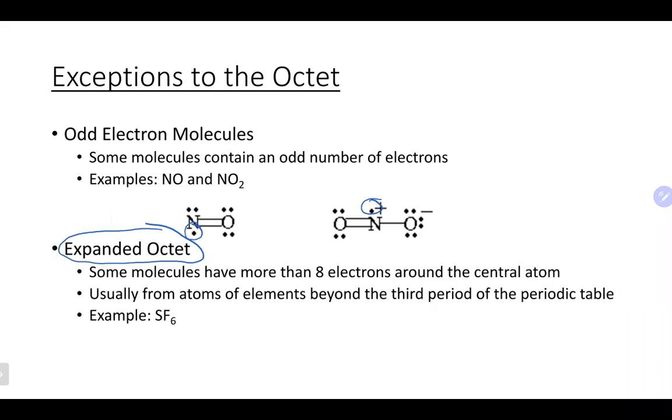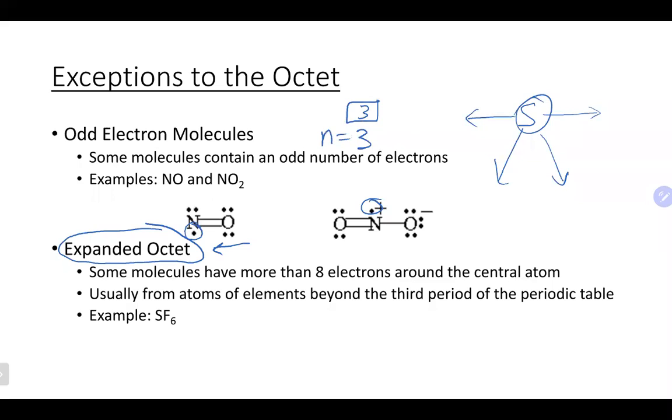So on the periodic table, where you see our good friend sulfur, if you go from sulfur to the right, to the left, and down, those are the elements that actually have the ability to do the expanded octet. The reason for that is, when we look at our friend sulfur, what period is sulfur in? It is in period number 3, which means it's on n equals 3.